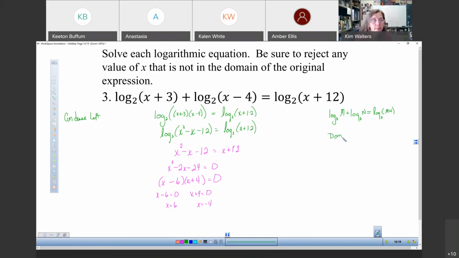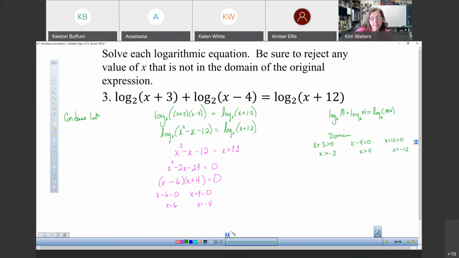We have 3 pieces to check. Okay, so we have x plus 3 is greater than 0, which means that x must be greater than negative 3. I have x minus 4 must be greater than 0, so x has to be greater than 4. And I have x plus 12 has to be greater than 0, so x has to be greater than negative 12.